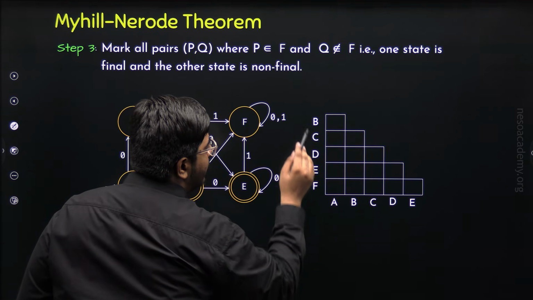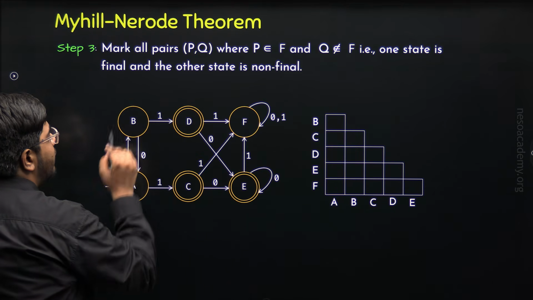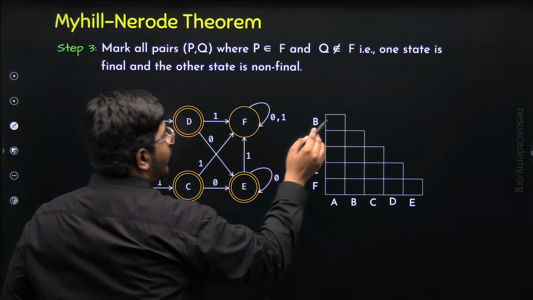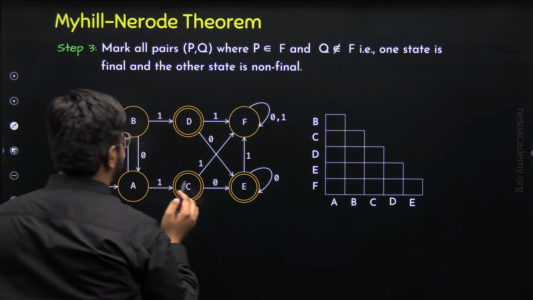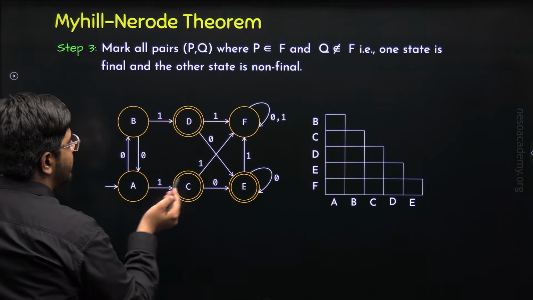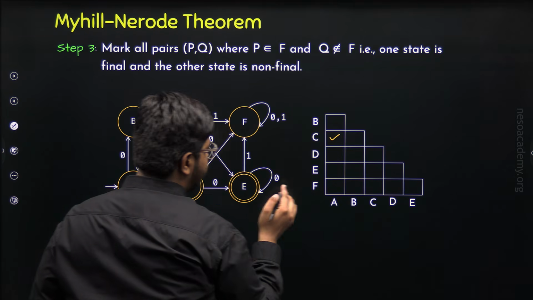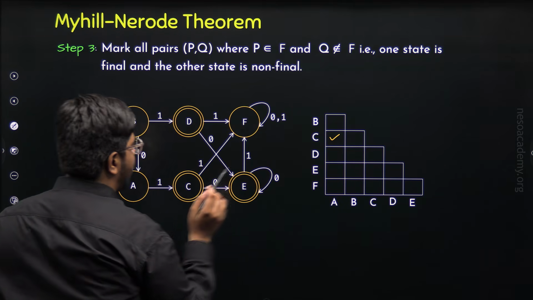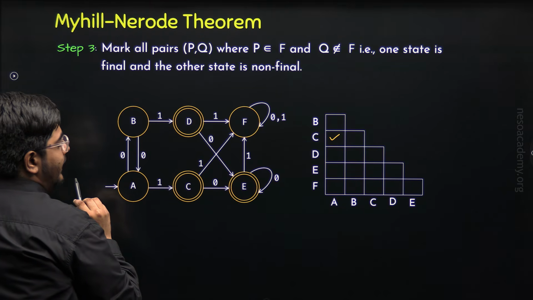B, A. B and A. So you can see B and A both are non-final states. So we don't have to mark this particular pair. C, A. C and A. One is final, other is non-final. So we can mark this particular state. D and A. Now D and A, D is final and A is not final.